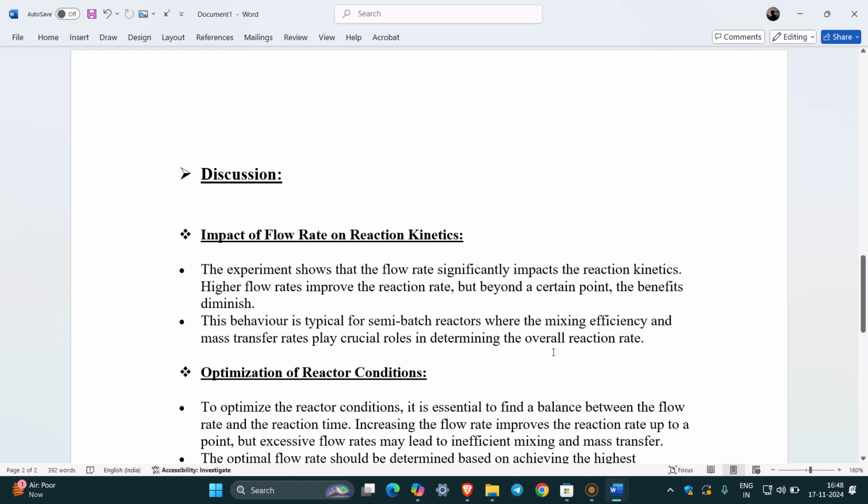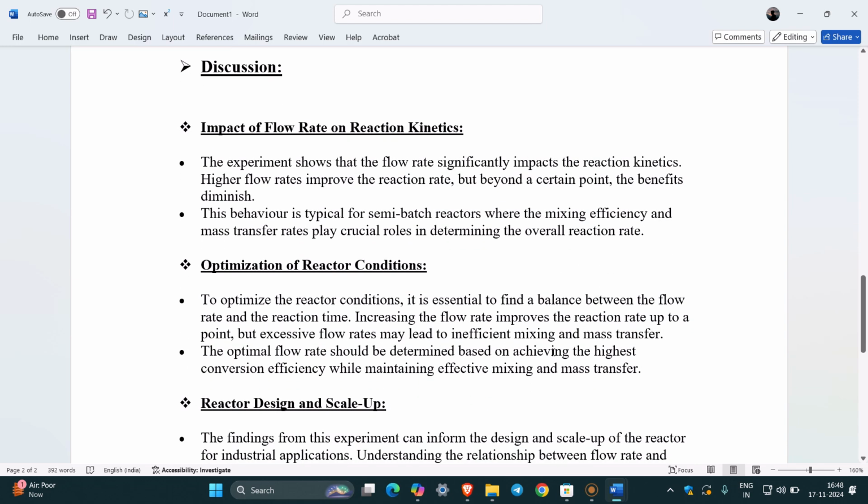Now coming to the optimization of reaction conditions. To optimize the reaction conditions, it is essential to find a balance between the flow rate and the reaction time. Increasing the flow rate improves the reaction rate up to a point, but excessive flow rate may lead to inefficient mixing and mass transfer. The optimal flow rate should be determined based on achieving the highest conversion efficiency while maintaining effective mixing and mass transfer.